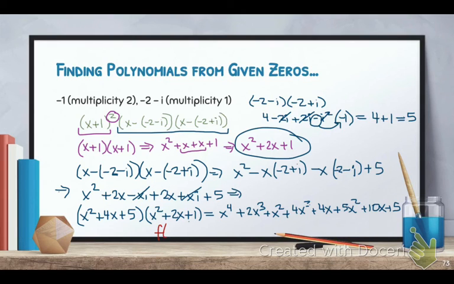So let's do this in a different color. So f of x is going to be equal to x to the 4th power. Here's my x to the 3rd, x to the 3rd, right? So that would be plus 6x to the 3rd. Then the power of 2's, right?